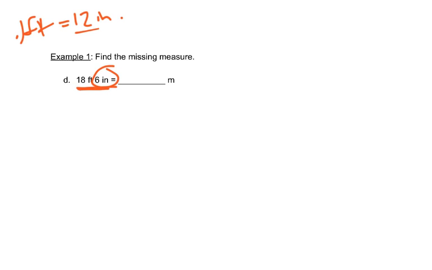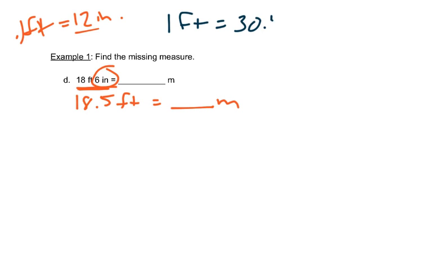So we could write this whole thing as 18.5 feet equals some sort of meters, okay? So now, if we look on our sheet, the problem is that we don't see anything that goes from feet to meters. Now we have feet to centimeters. We have 1 foot is equal to 30.48 centimeters. And we can get from centimeters to meters. We know that 1 meter is equal to 100 centimeters. So let's use those together.